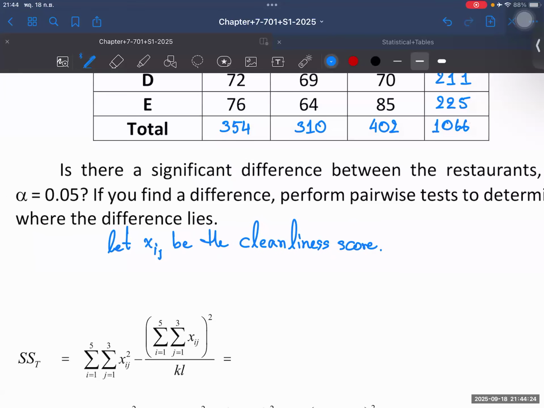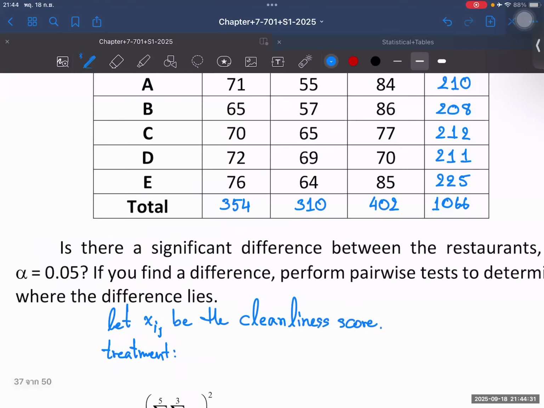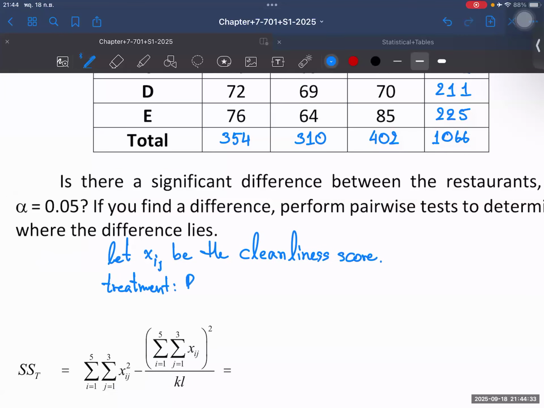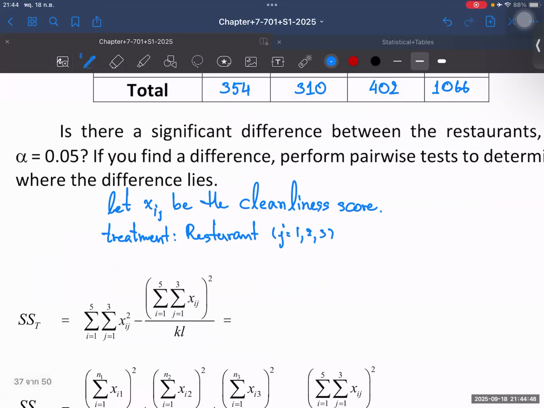And the treatment is the restaurant, J is equal to 1, 2, 3. And block.